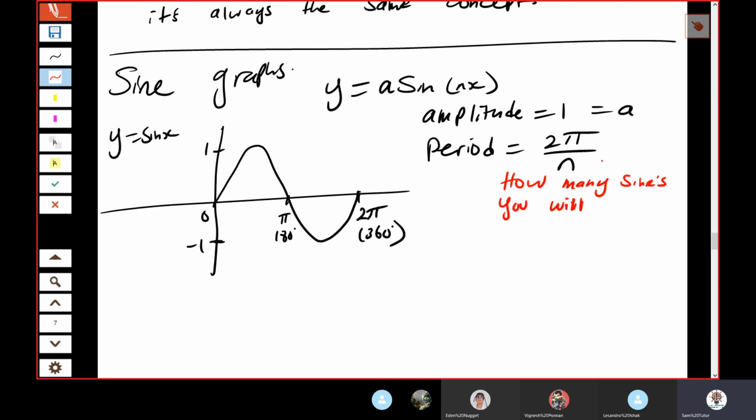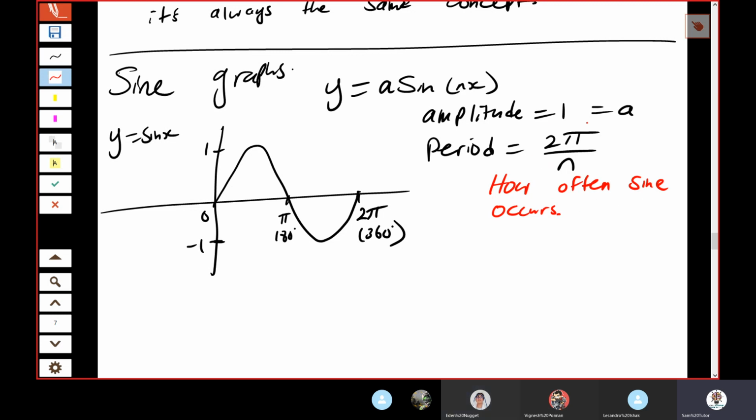If I say 2 pi on 3, how often sine occurs? How often sine occurs?